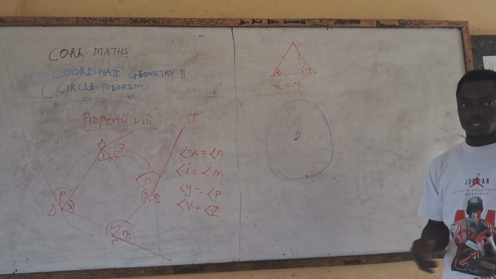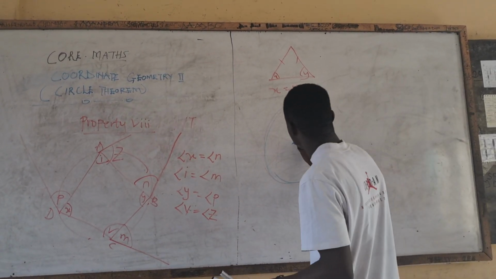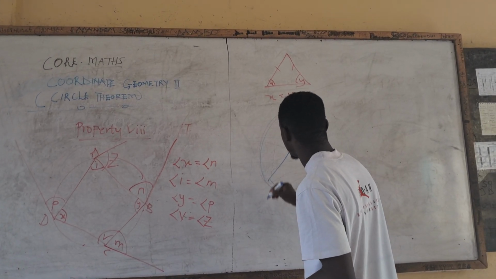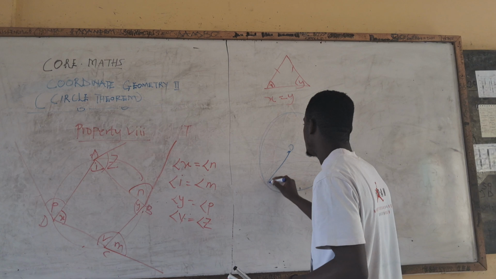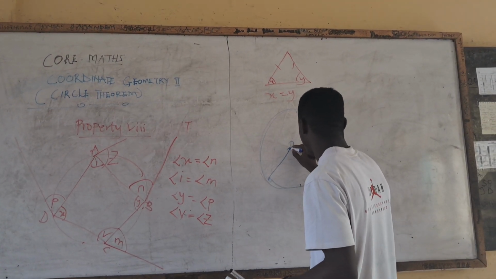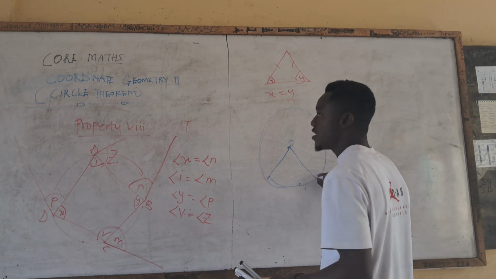It's a radius. So we may have here our radius. From the center to any part of the circle is a radius. So let's have another one here. Also it's a radius.